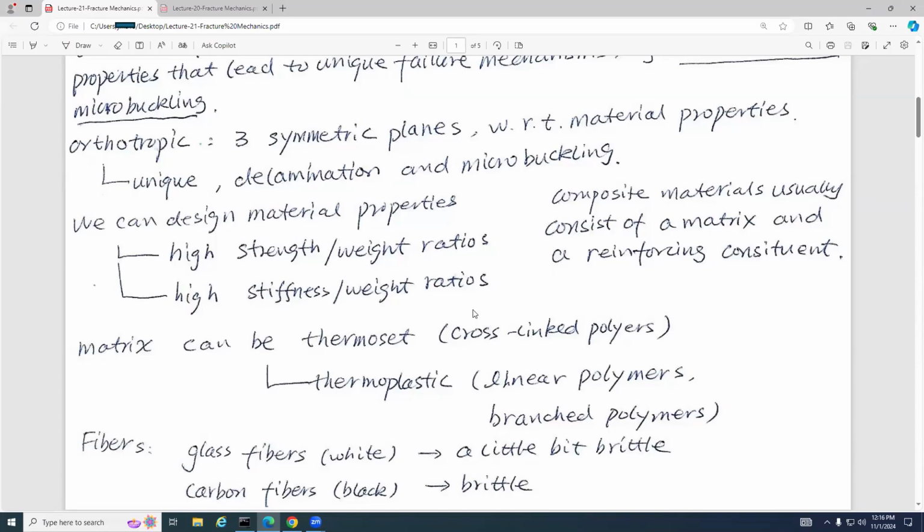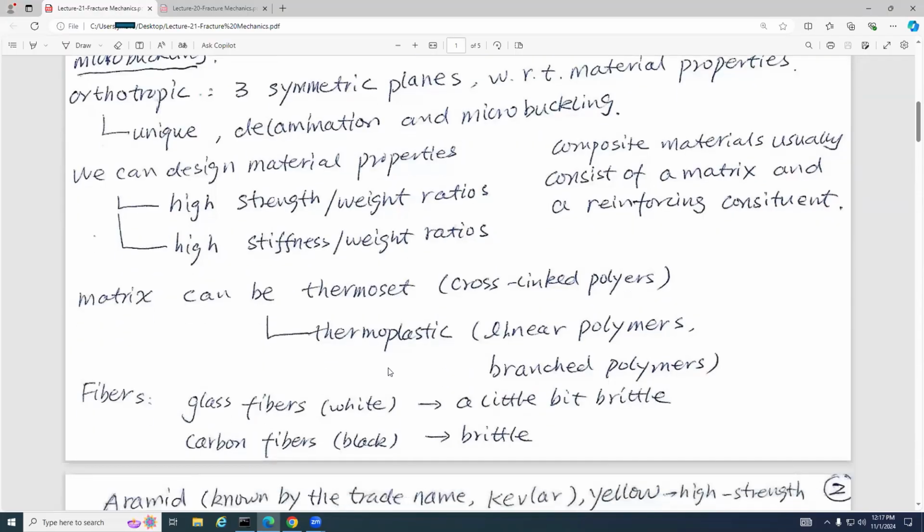As a result, a thermoset is stiffer and stronger. Another polymer is a thermoplastic. A thermoplastic is a linear or branched polymer. We have a backbone molecule chain, and on this backbone we have some branches, or just only the backbone. As a result, thermoplastics usually are not very stable.